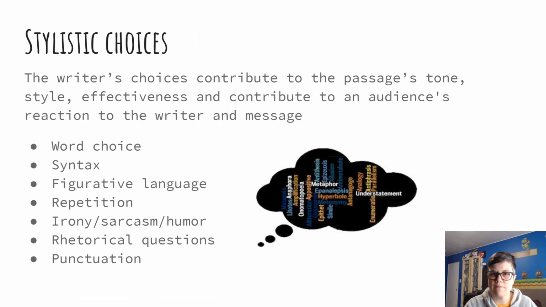How does that word affect the audience? And when I can tell who the audience is and how that word would affect the audience, or how that phrasing would affect the audience, I can then explain how it would help the author achieve the purpose. Basically, how is the author manipulating the audience to get them to do what he or she wants?